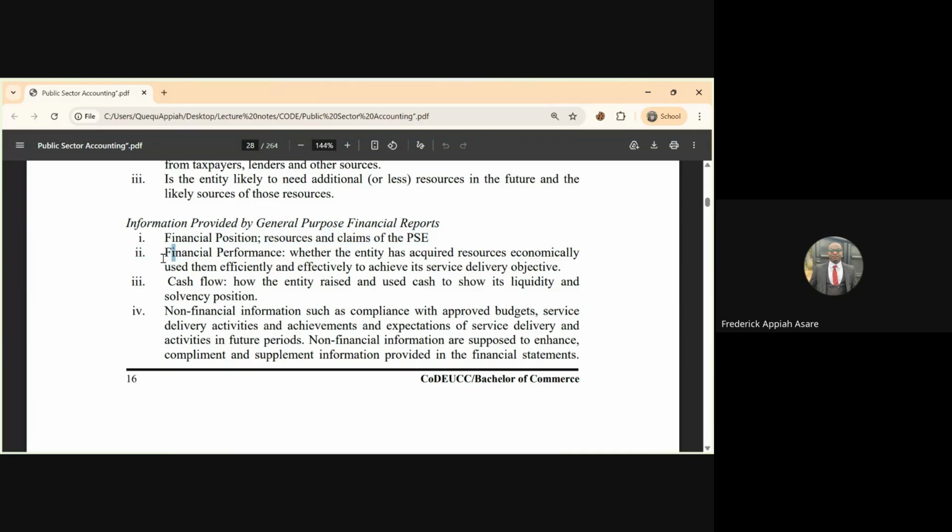You provide them financial position, financial performance, cash flow, and non-financial information. When you provide all this information, it covers the general purpose financial reports.